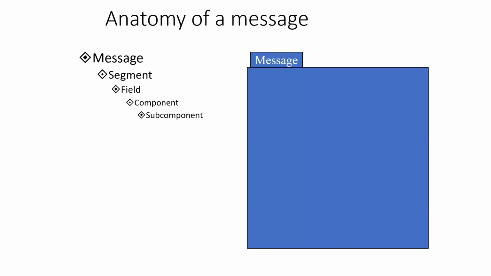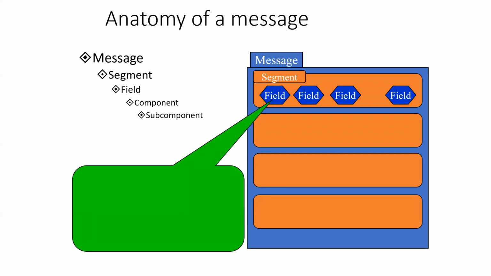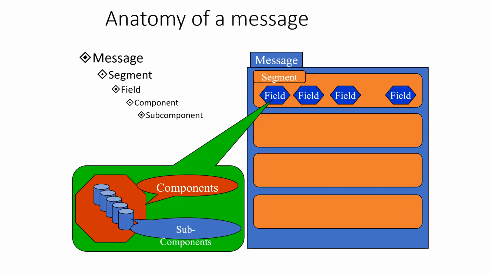So if you look at any HL7 message, all the shelves that we have can be compared to segments of the HL7 message structure. And all the compartments can be called fields. Fields can be further divided into components, and components can be further divided into subcomponents. How they are divided, we'll take a look at that later down the line with an example. But at a very high level, we'll take a look at the structure at least till the field level today.